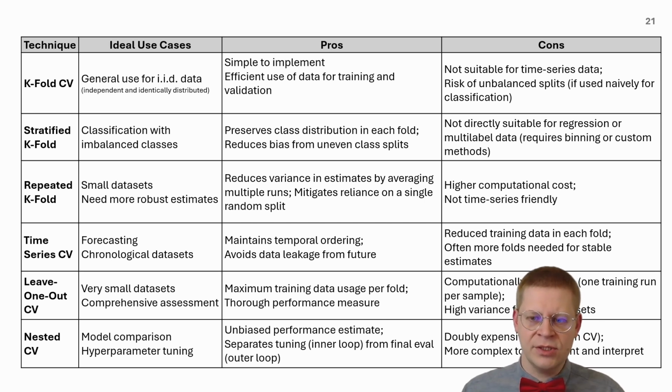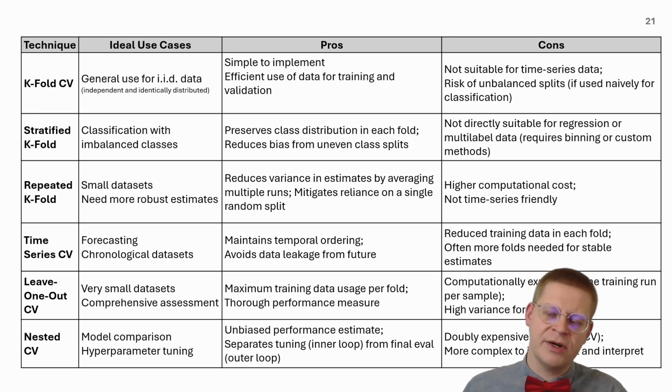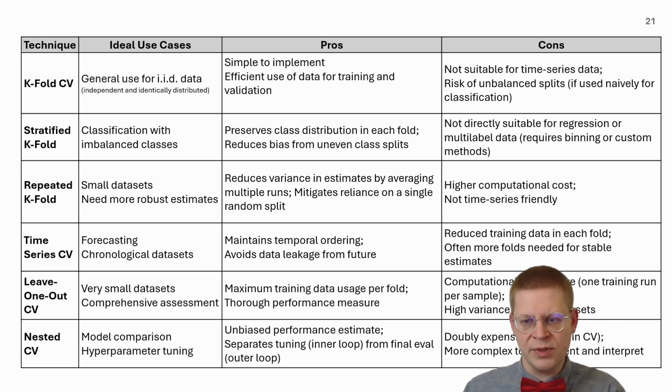Nested cross-validation is the gold standard for model comparison and hyperparameter tuning. It uses a cross-validation loop inside another cross-validation loop. The inner loop tunes the model. The outer loop tests it. That way, we get an unbiased performance estimate of our tuned model.